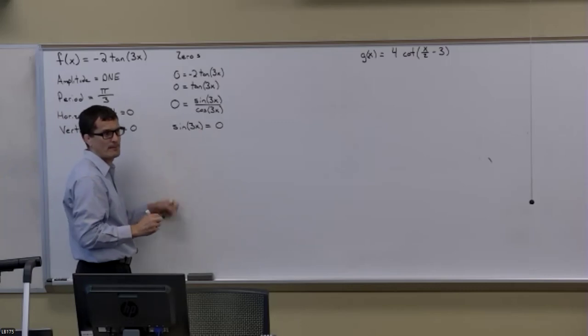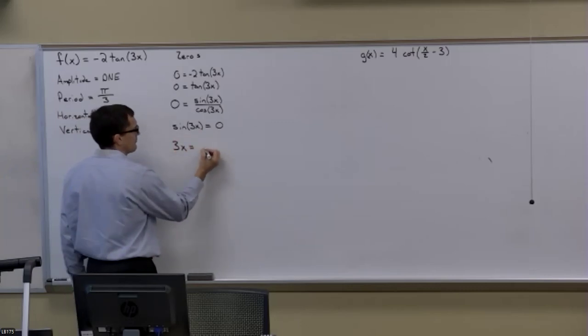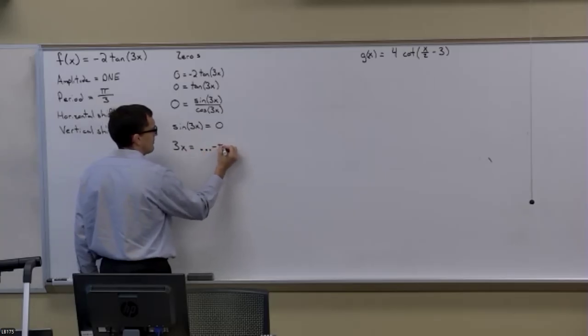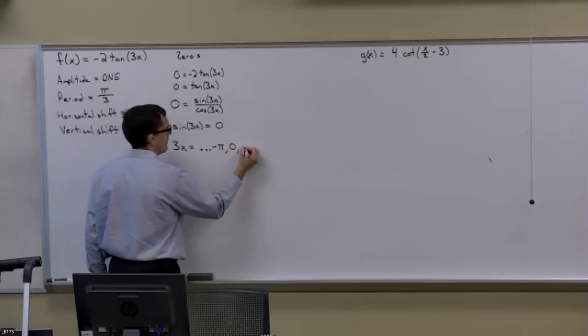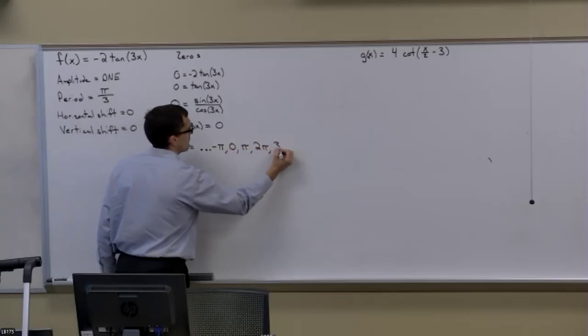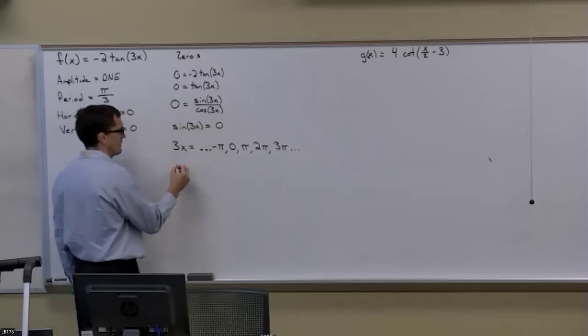So that means 3x is equal to negative pi, 0, pi, 2 pi, 3 pi, et cetera. And then I divide everything by 3.